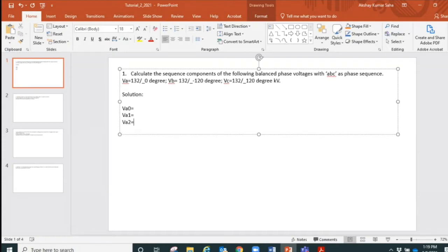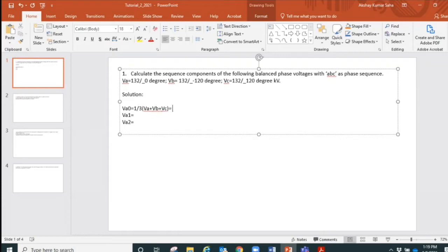For all these three, we have worked on the theoretical part where we know the formula for each of them. So VA0 is 1/3 of the sum of all those three phase voltages: VA plus VB plus VC.